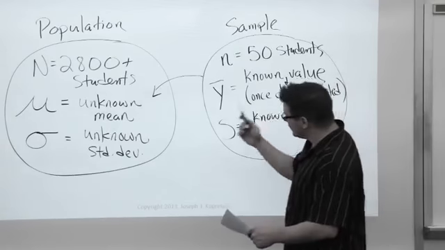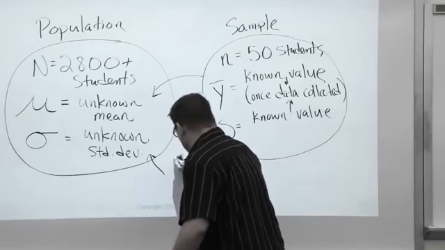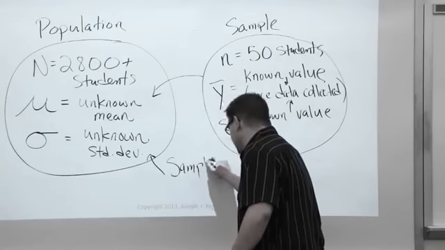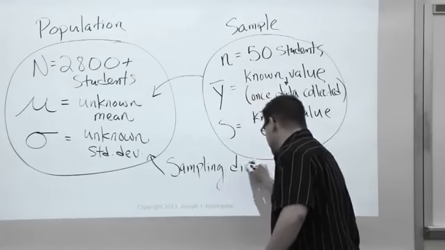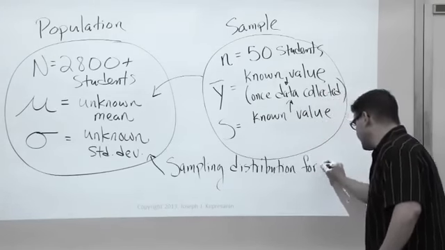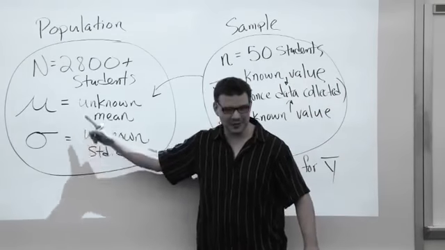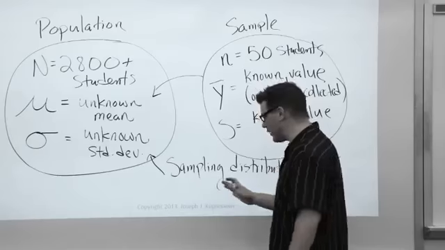Okay? Here's the thing. In lesson 18, the sampling distribution for the sample mean, Y bar, is based on knowing these two numbers. In practice, we won't.